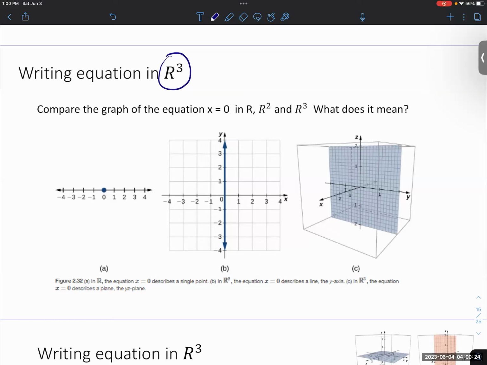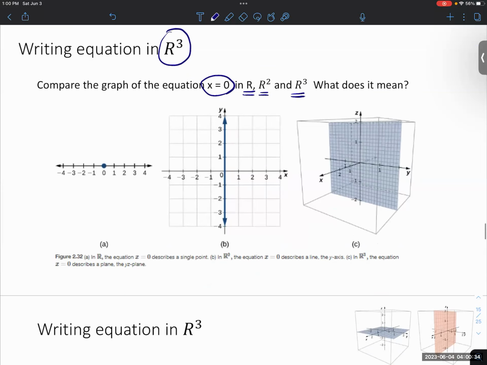Let me ask you a very basic question. What does x equal to 0 mean in 1, 2, 3-dimensional space? I told you at the beginning briefly, in the first dimension, x equal to 0 means a single point. Correct? Right there, this is x equal to 0.